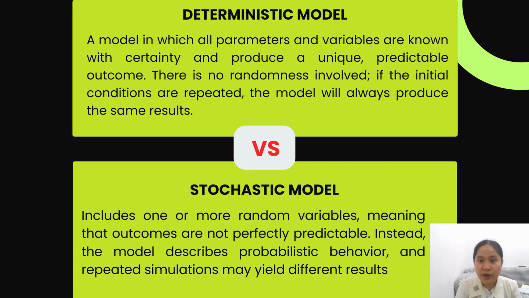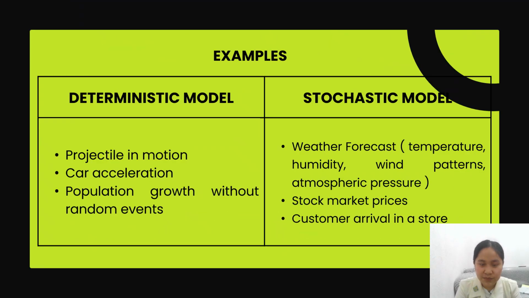So, it gives probable outcomes, not exact ones. For example, predicting the weather is never 100% accurate. It's only likely. So, here are the examples of these models.